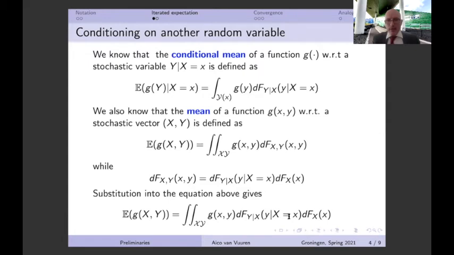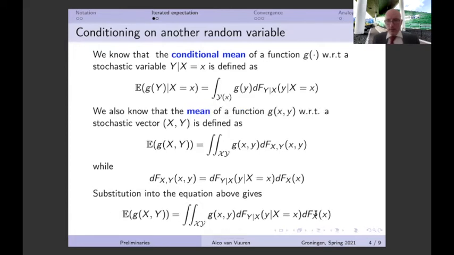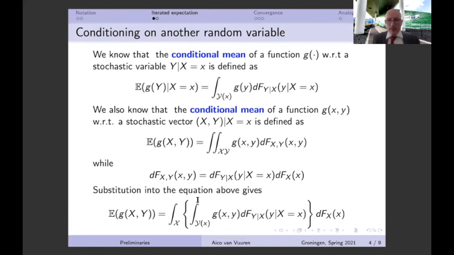So I'm going to do that simply by using parentheses. So here I have an integral over x instead of an integral over x and y at the same time. Then I have my dfx that I already had over here. And then within parentheses, I have an integral over y, conditional, of course, on x. And then I have all these things that I already had before.